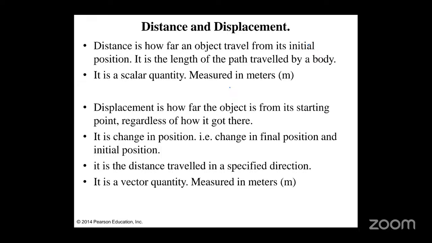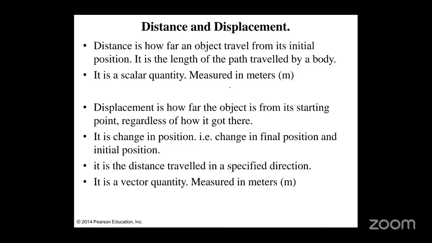Displacement is a vector quantity because remember that vectors are quantities that are defined by magnitude and direction, while scalars are defined by only magnitude. So distance is a scalar quantity because it is only defined by magnitude, while displacement is defined by the magnitude and the direction.